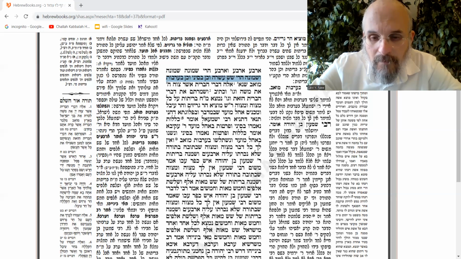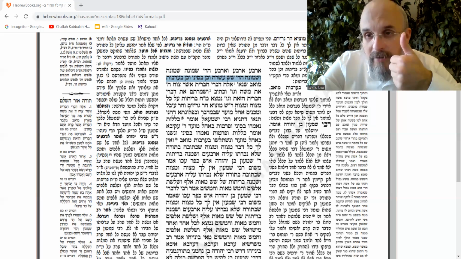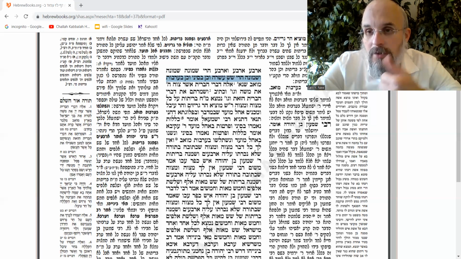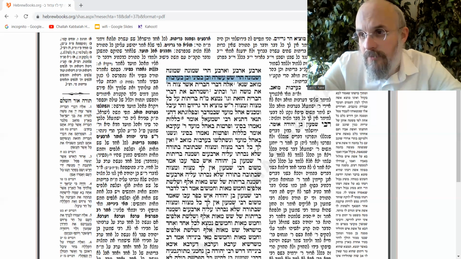Because every mitzvah has 4 components: to learn about it, 1; to teach about it, 2; to perform it, 3; to guard it, 4. Teach, learn, perform, guard.